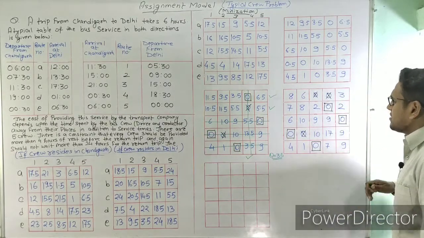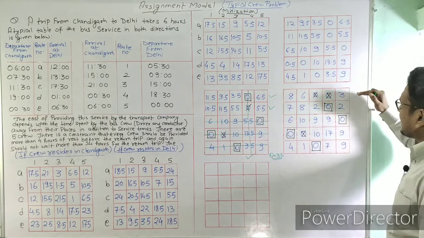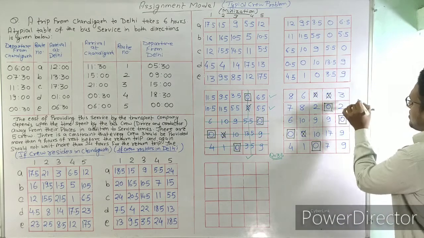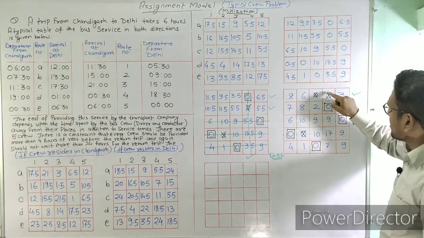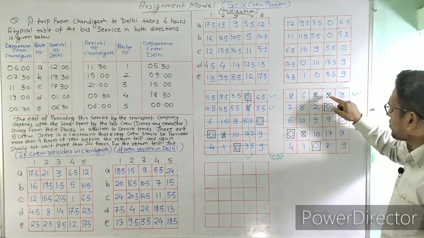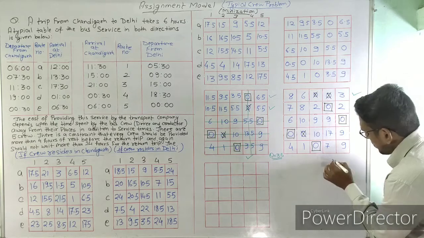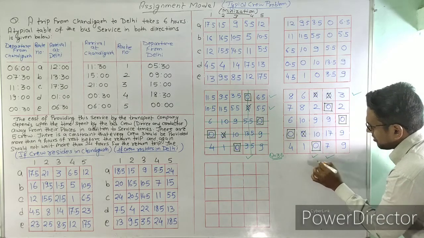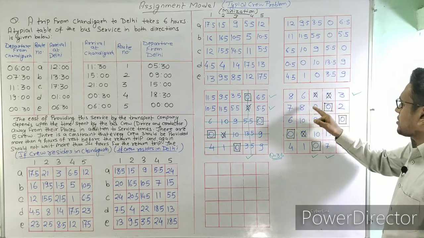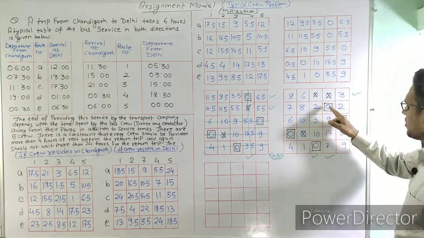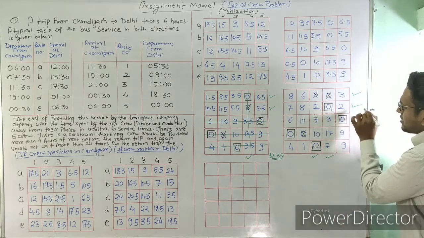Step 1 is to take the unassigned row. So this is the unassigned row. If this row has a 0, take the corresponding column. This has 2 zeros, so take the corresponding column. And if this column has an assignment, take the corresponding row. As we can see, this column has an assignment, so we will take this row.